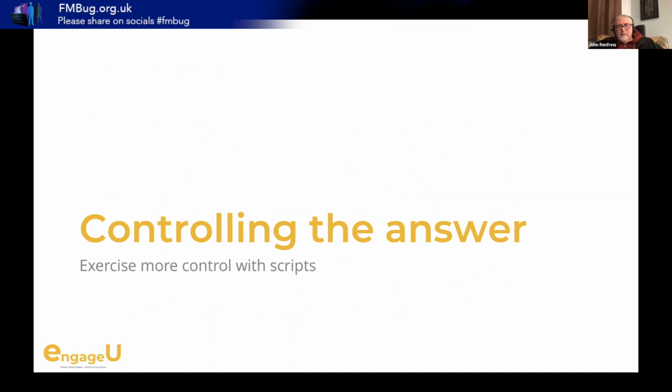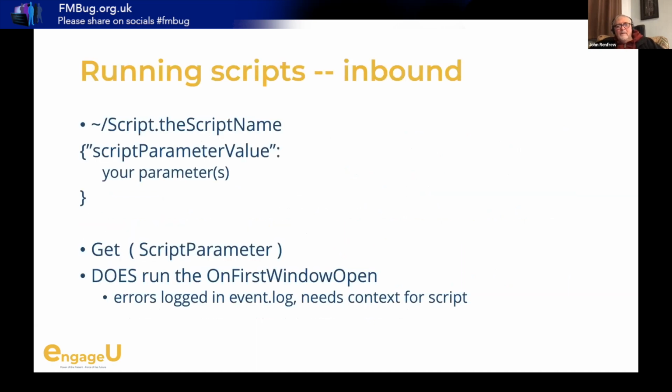So as well as simple things like not returning any data back when you're creating a record, there are some other ways that we can control how much data is being passed around. One of them is the fact that using OData, we can run a script at the other end. It references this special pseudo table called script.